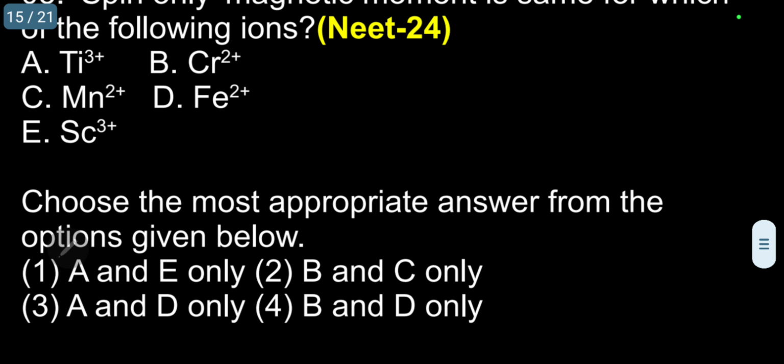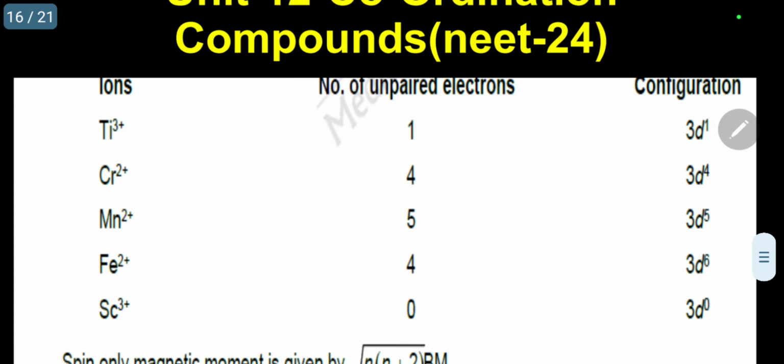Choose the correct answer from the options given: A and E only, B and C only, A and D only, B and D only. Kindly follow. Simply if you look into this, you will get confused. So as I already informed you, you have to write as follows.